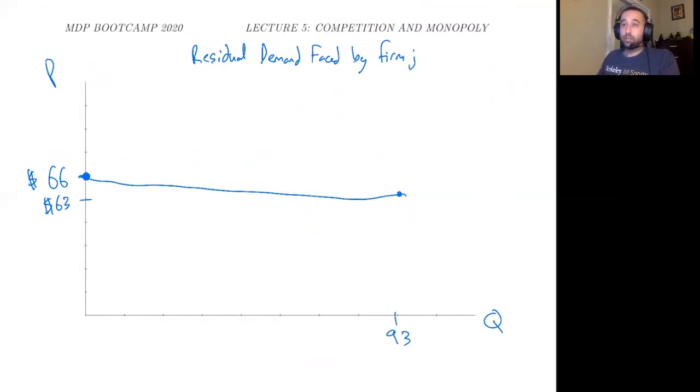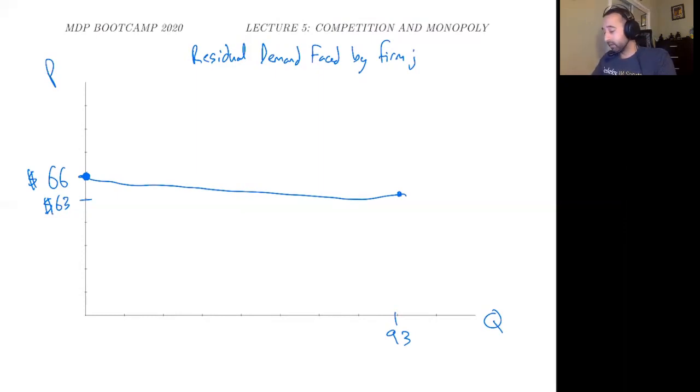And that's because when you have a ton of firms, as you increase the number of other firms in the market, you can imagine that the residual demand faced by a specific firm is approaching a horizontal line, because no matter what that individual firm decides to do, the price associated with the market is not going to change. And so the way we think about this residual demand curve is that as the number of firms goes to infinity, we're approaching a flat line that is basically the market price that cannot be moved by any specific firm's decision.